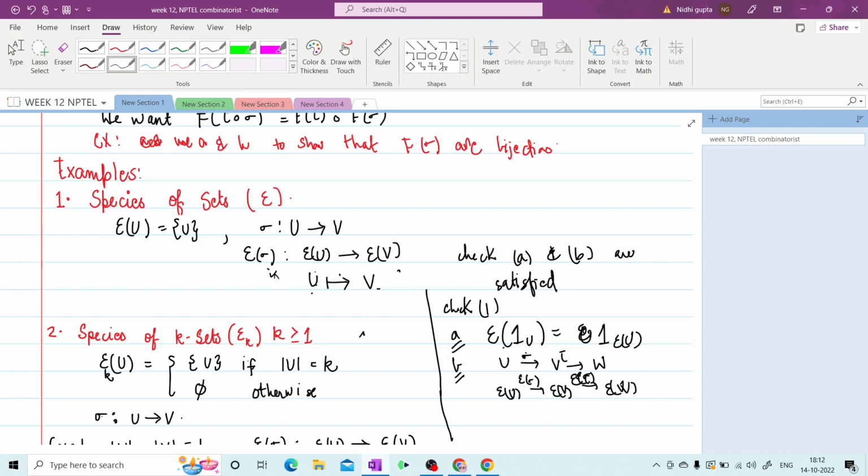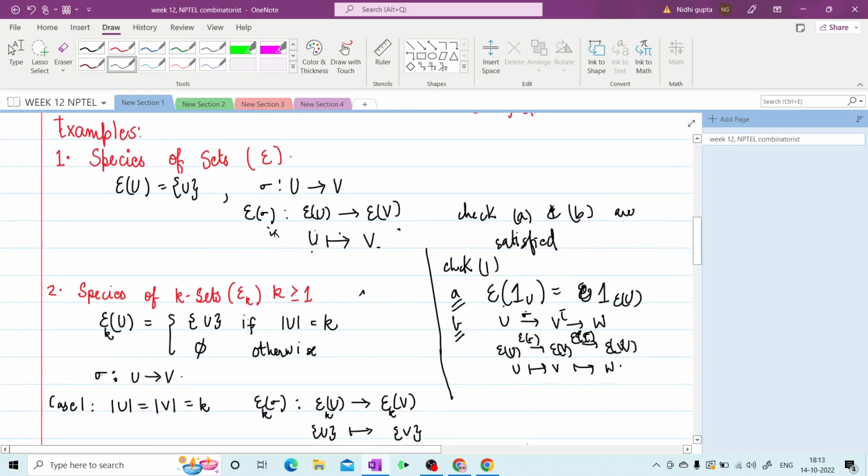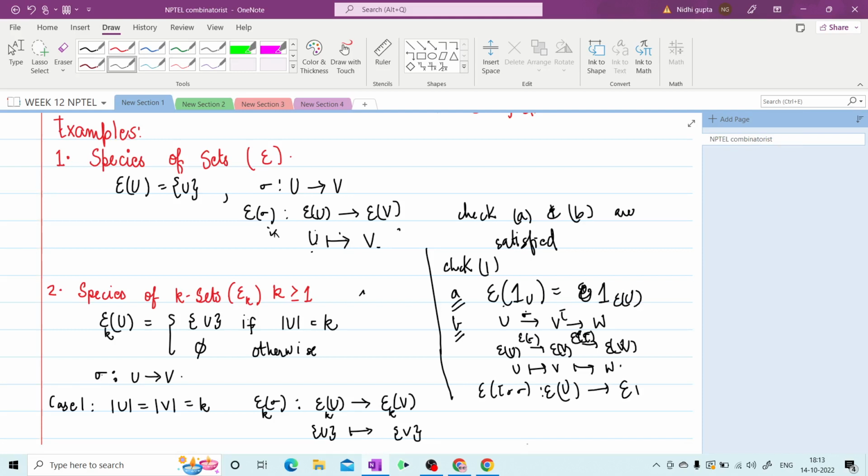So epsilon sigma, here u goes to v, and here v goes to w. Now if you see, epsilon of tau composed with sigma will go from epsilon u to epsilon w, and it will send u to w.